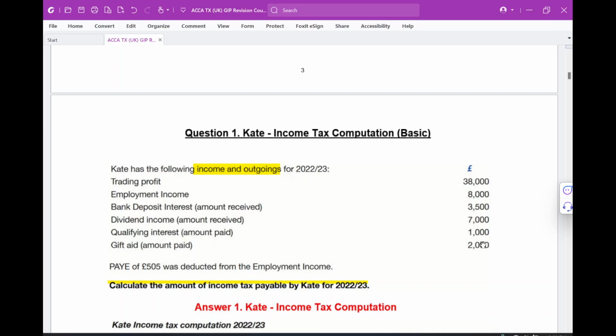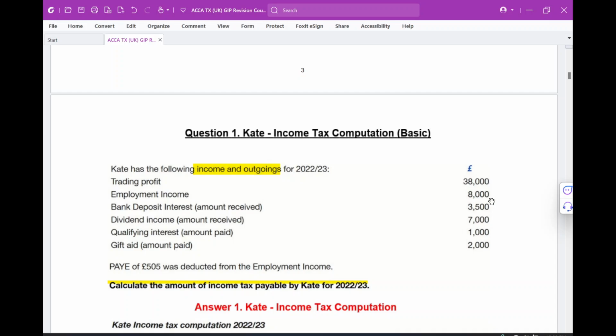So it may well be that if she's paid that out for some charitable purpose, there's some benefit to her for doing that. That's what we need to think of. I'm just wondering, in terms of the benefit that there may be for Kate making quite a substantial charitable donation, what that benefit would be, and indeed how this would impact upon the income tax computation.